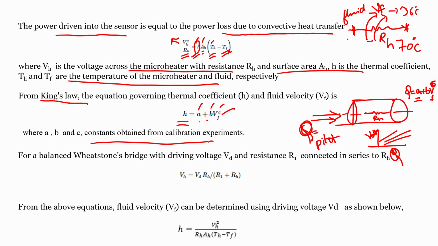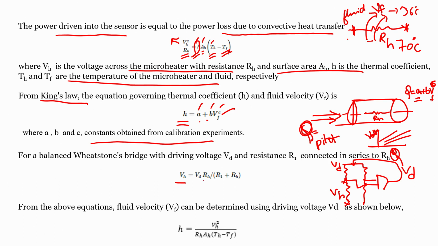Once you have these constants, we know that from the bridge circuit, the voltage that you are pumping in is called the driving voltage VD. So how is VD related to the voltage across the heater VH?